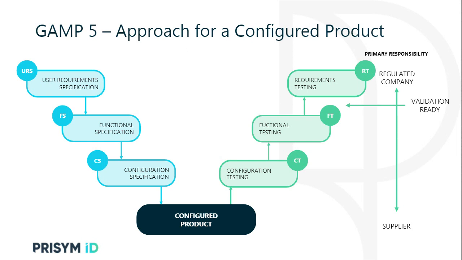So here's a GAMP5 suggested approach for a configured product, or category 4 products here, with the supplier activities typically including functional specifications, configuration specifications, testing and functional testing. So once you've applied the supplier leveraging, you should only really be left with your user requirements, and depending on your workflow, these requirements may be covered in a functional specification your supplier has, and requirements testing, what could be considered the last part of validation.